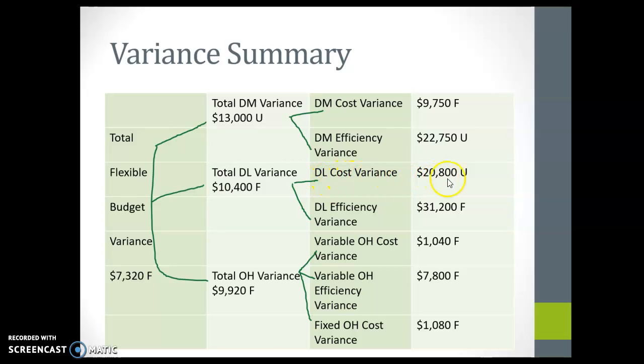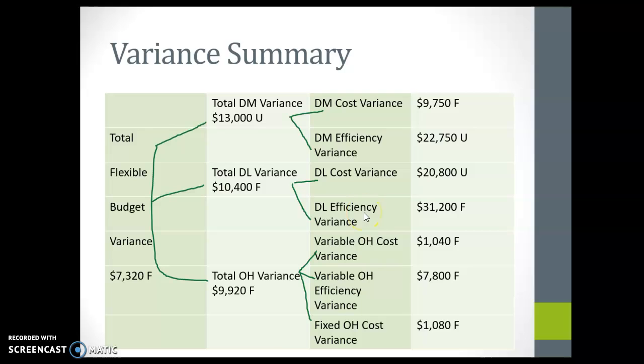Then for our direct labor, we had the direct labor cost variance. That was $20,800 unfavorable because we spent $14 an hour for our labor instead of $12 an hour. However, our efficiency direct labor variance was $31,200 favorable. So between the two of them, we had a $10,400 favorable direct labor variance.